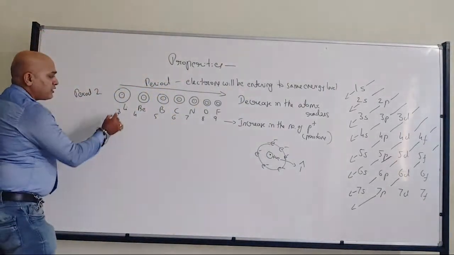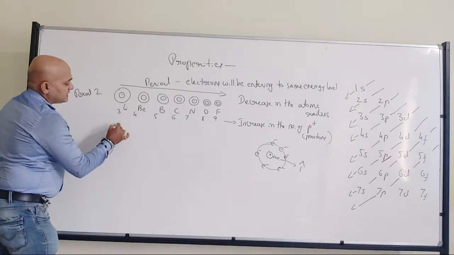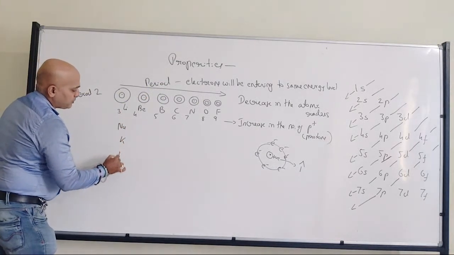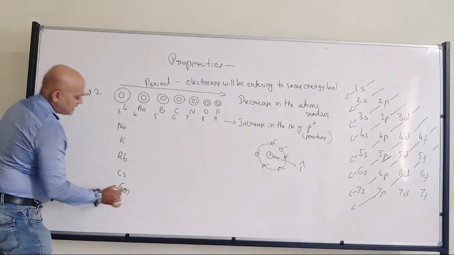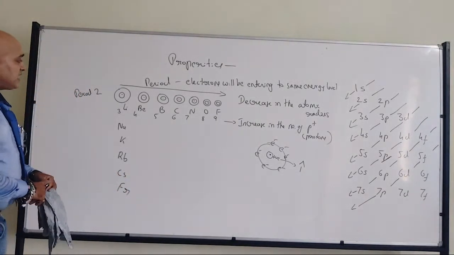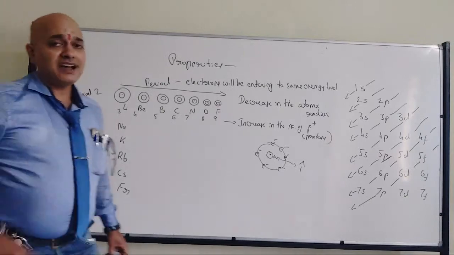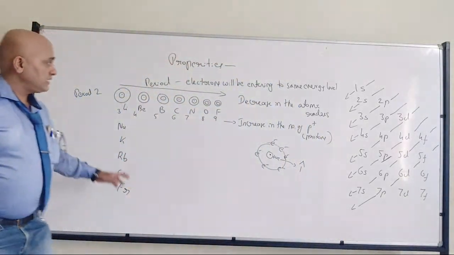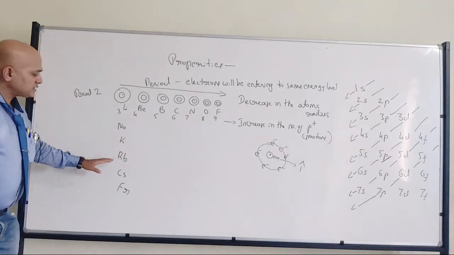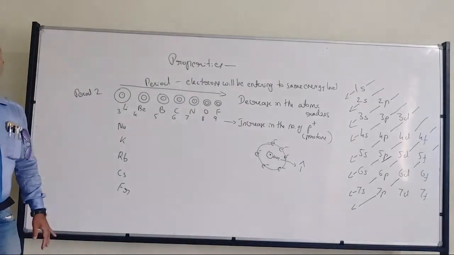So now, if I go here, I have lithium, sodium, potassium, rubidium, cesium and francium. That's where I have the elements. Hydrogen I have not written because I have started from period number 2. So lithium, sodium, potassium, rubidium, cesium and francium.